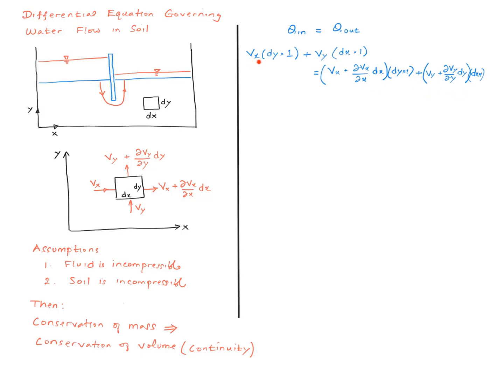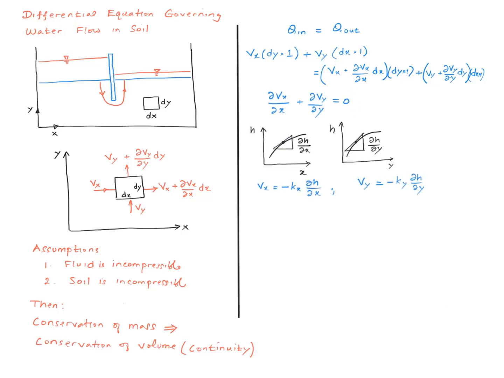Notice that I have vx times dy term on the left side, and I have vx times dy term on the right side. So they will cancel out. And I have vy times dx on the left side, vy times dx on the right side. So the equation simplifies to this.